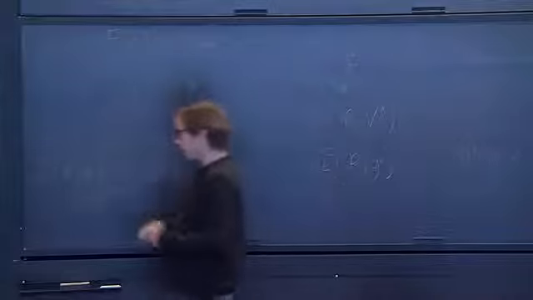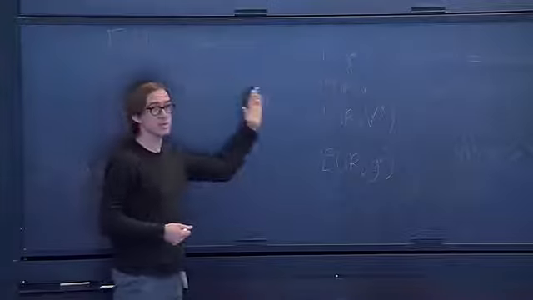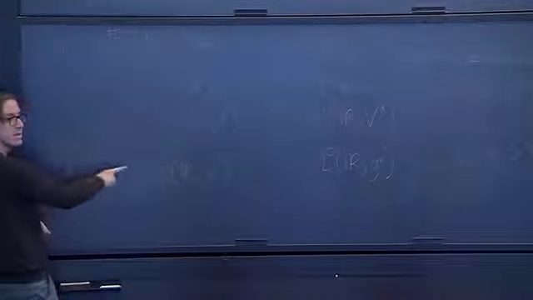Now, on this big space, it's often useful to write down the linearized BV operator. So this is the operator whose kernel over here will give you the linearized equations of motion, and whose image this way will give you the linearized gauge transformations.